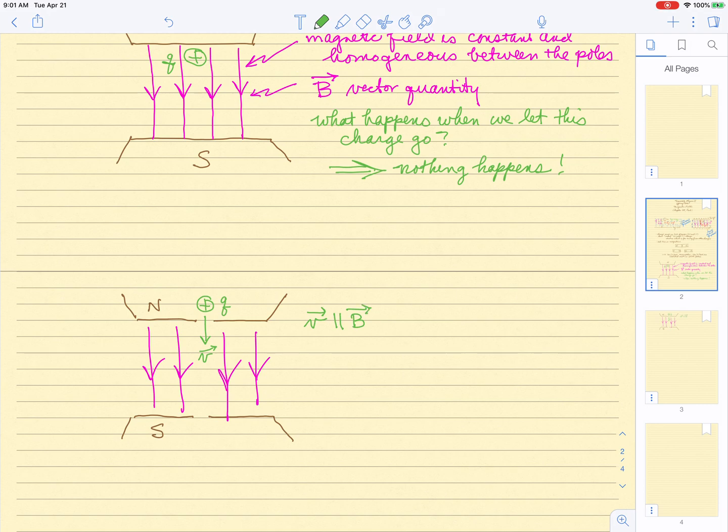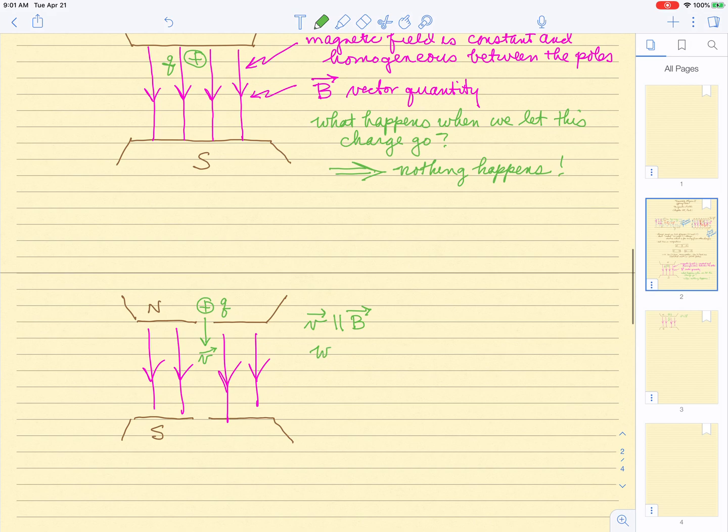Now, if you did this with a charge between parallel plates, while the charge was in the electric field, it would be accelerated by the electrical force. And you can use one-dimensional kinematics to do all kinds of calculations on that. As a matter of fact, you did that on exam number 2. So here we have the analogous problem. We're shooting a charge along the direction of the magnetic field, and we ask ourselves what happens.